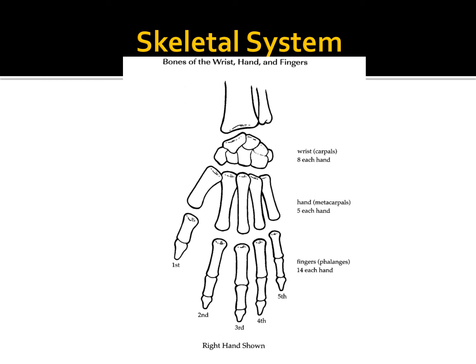So we're going to go over the hand just a little bit more in detail. Your wrist, which is your carpals, you have 8 wrist bones. In your hand, you have 5 metacarpals. Your fingers, which are also called your phalanges, and if we talk about one of the bones, it is called a phalanx. You have 14 in each hand.